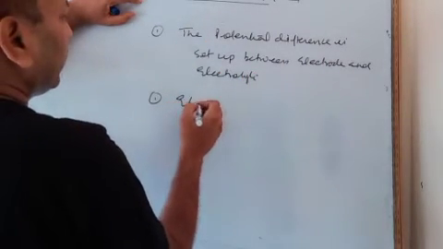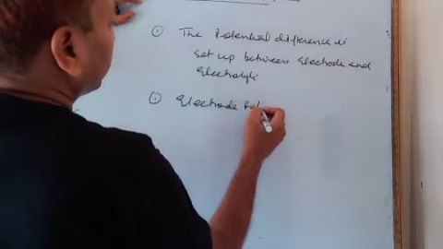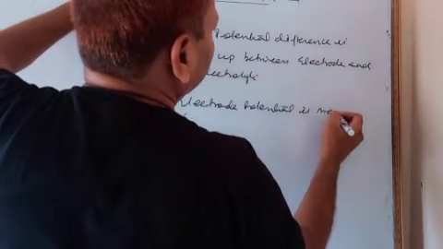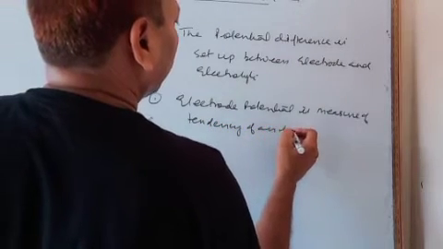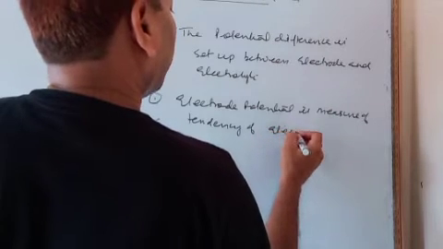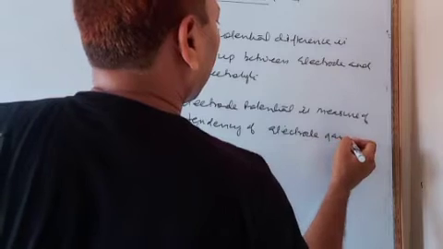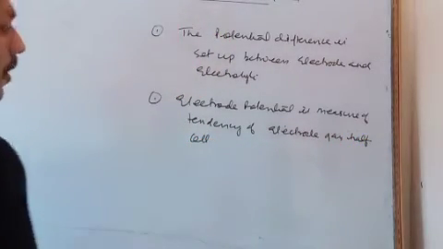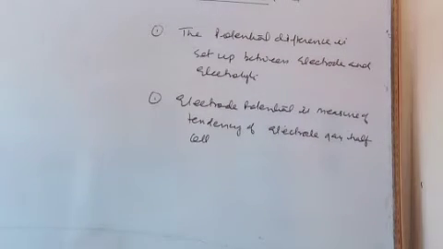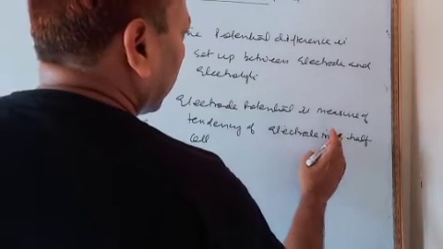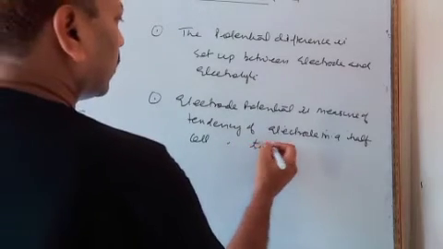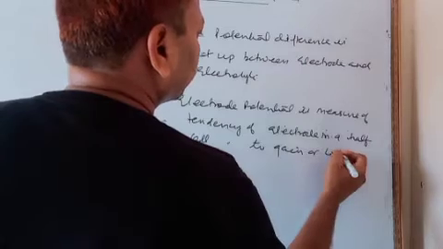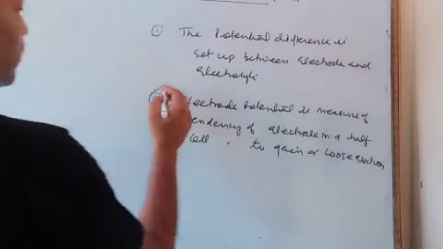The electrode potential is a measure of the tendency of an electrode in a half cell to gain or lose electrons. Another important point: the unit is volt.